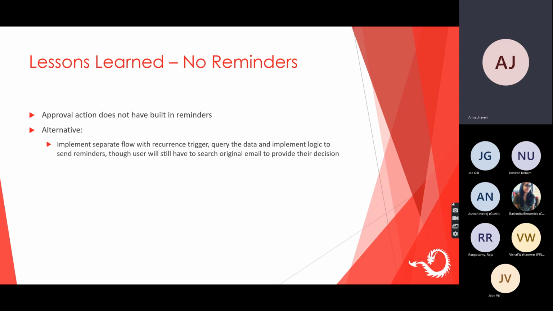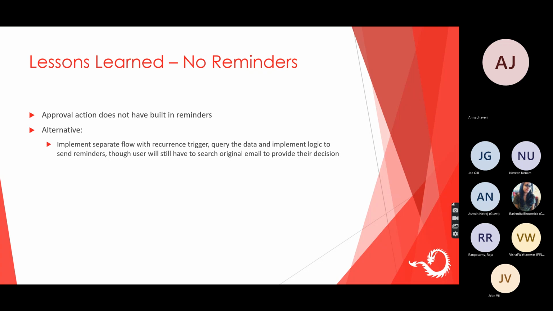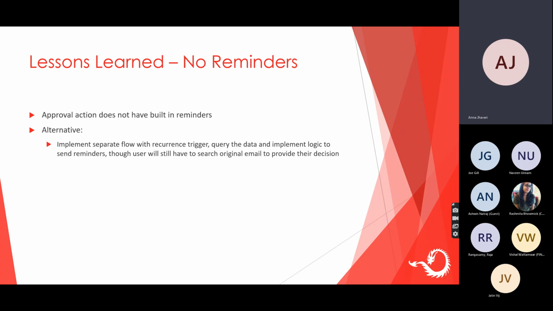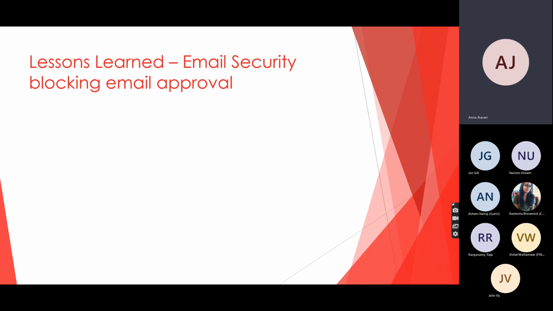You can build a separate flow which has a recurrence trigger, for example, executing every week, and you store the approval data somewhere else, in SharePoint or Dataverse. You can query your approval data and see when the approval was created, and that the status is still pending and the approver has not provided the decision. Then send the reminders. But this is all custom logic to implement. Power Automate by itself does not have anything to send reminders, so you need to carve out your custom logic to send reminders from your applications.